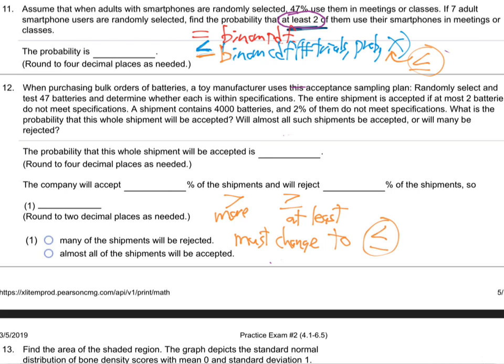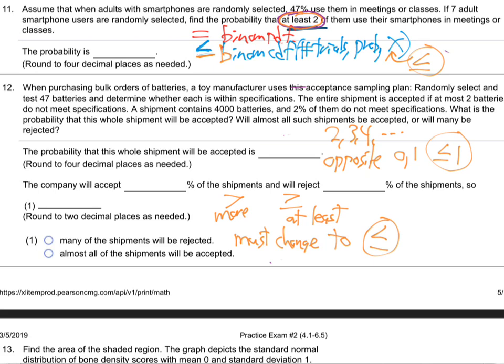So that's why I looked at this at least 2, and I thought, okay, at least 2 means 2, 3, 4. I need to change that to be the opposite. What's the opposite of 2 or more? I thought 0 or 1, which is less than or equal to 1.